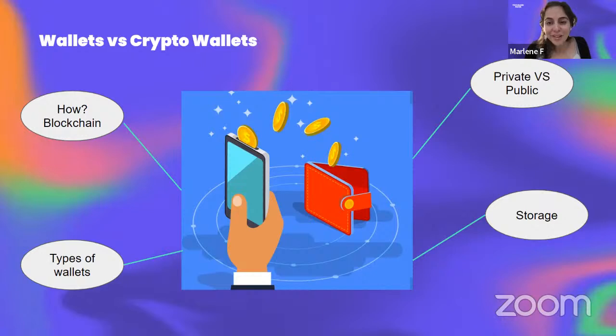Something that is very different between regular wallets and crypto wallets is the storage. In a normal wallet, one of its main purposes is to store our assets, whether it's credit cards or cash.